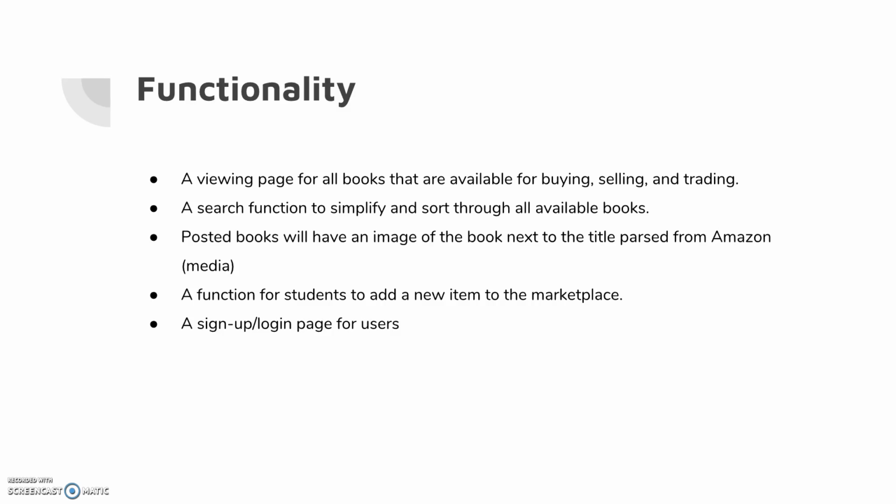So some of the functionalities that will be provided is a viewing page for all the books that are available for buying, selling, and trading, and a search function to simplify searching through all available books. It will have media through images of the book that the user inputs with a title and be parsed through Amazon to get the image, and a function to add a new item to the marketplace, and there will be a sign up and login page for users.